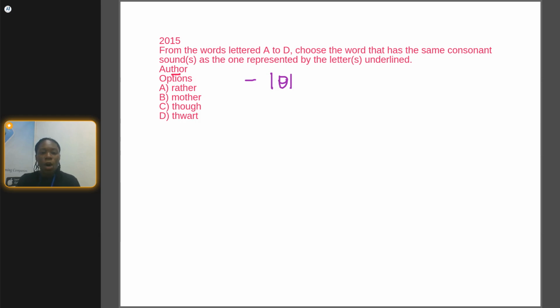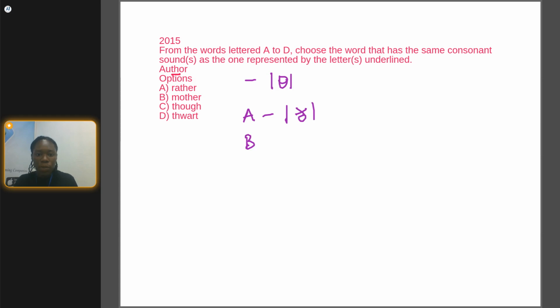Now we have option A, rather. So that means the sound we have here is the th sound, rather.